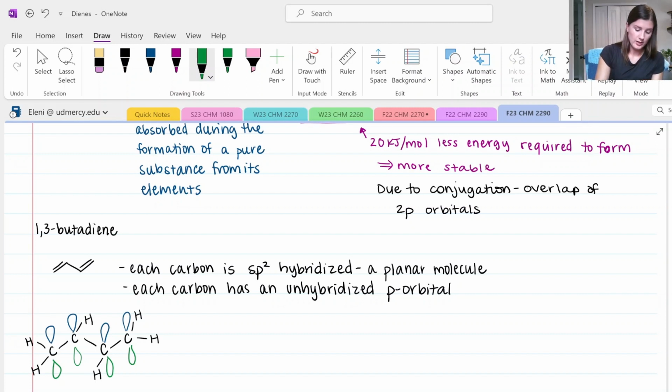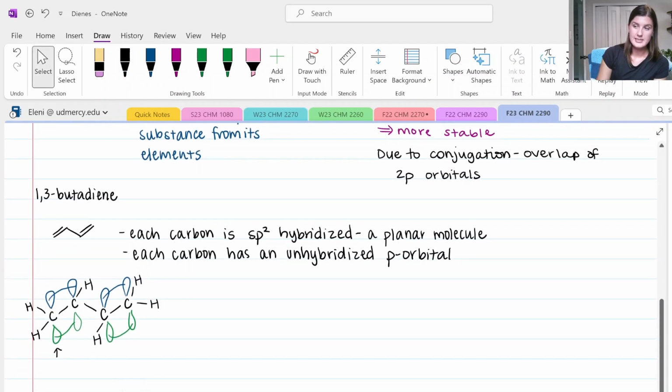So again, this is where our pi bonds exist. We have a pi bond between carbon 1 and 2. We can draw that with these lines to show that these p orbitals are overlapping. We have a pi bond between 3 and 4, and we can draw those lines to show that pi bond existing.